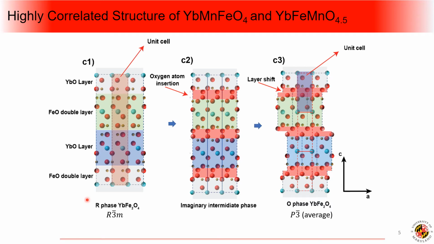Even though they have totally different space groups if you simply look at the symmetry, these two structures are highly correlated, and that explains why this transition is highly reversible.